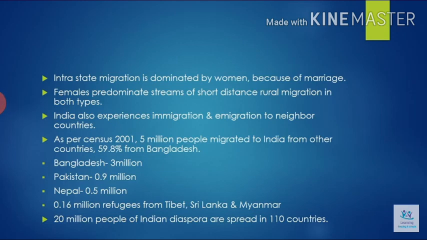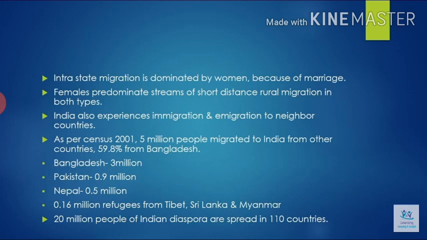Now related to this module, please note down the questions. First question is, identify the main reasons for male-female selective migration. Now second question, what is the impact of rural-urban migration on the age and sex structure at the place of origin and destination? Now the next question is, why is male migration higher from rural to urban?